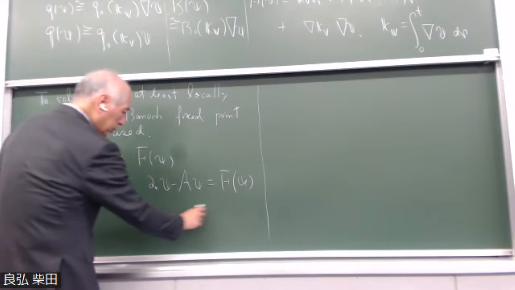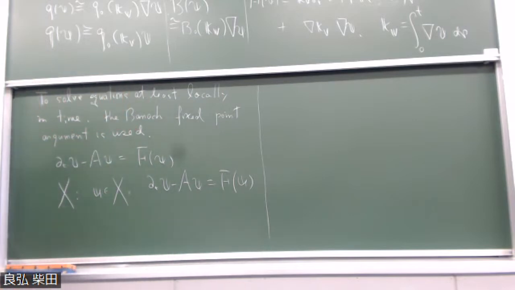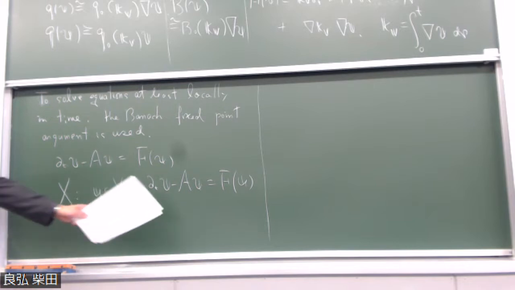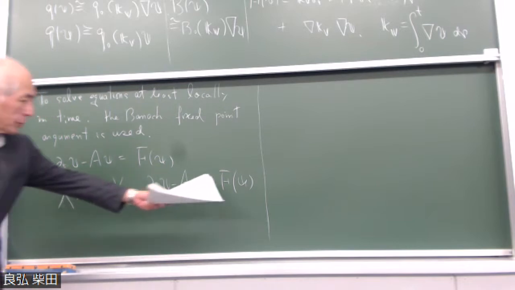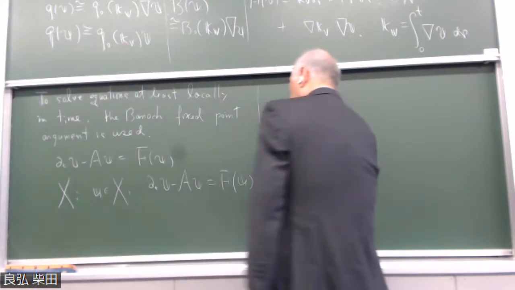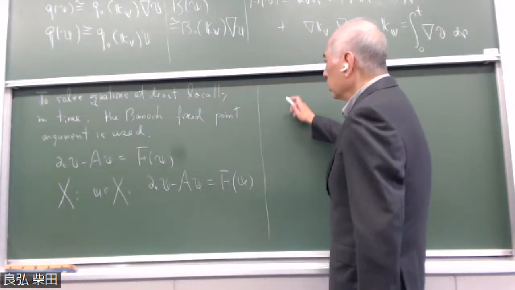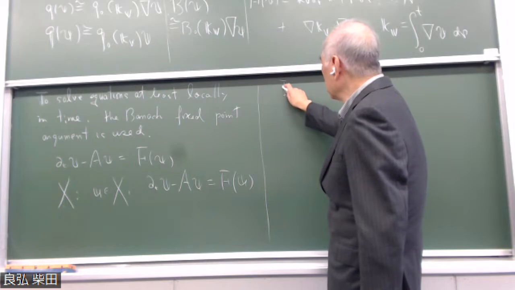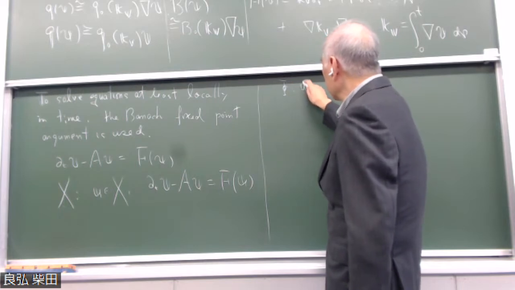Of course, with the initial data, but now I don't write it. Just a rough idea. Then you get a map Phi from u to v.